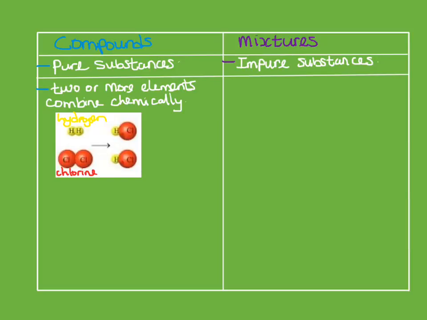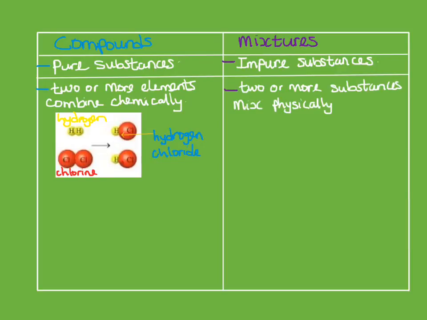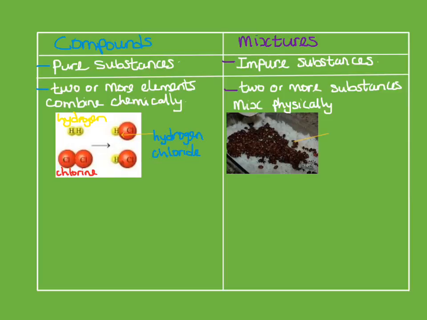Their atoms combine with each other to form the compound hydrogen chloride. While in mixtures, we have two or more substances mixing physically. Example would be a mixture of rice and beans.